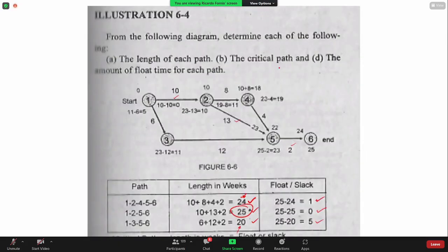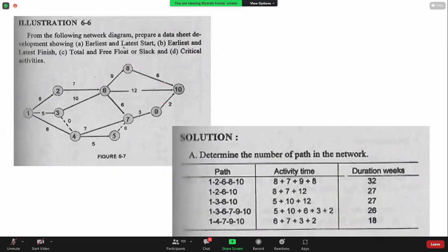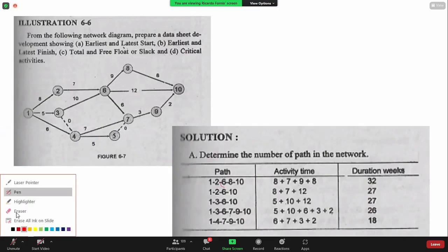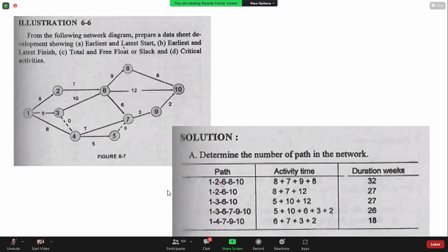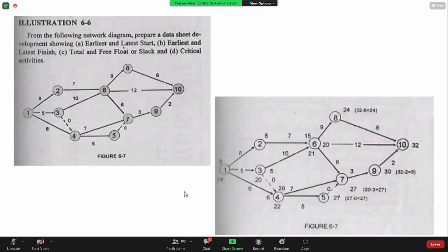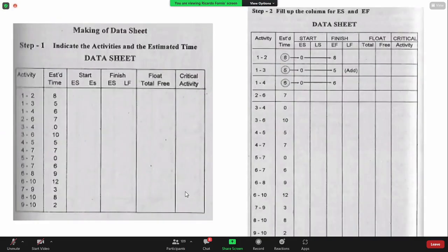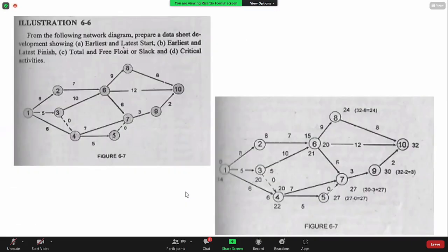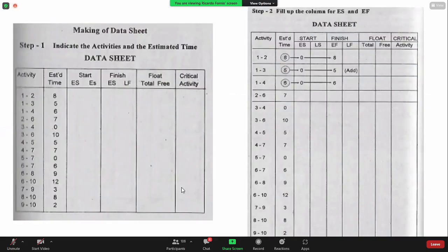So next, critical path and the amount of float time. So this one, let's discuss.